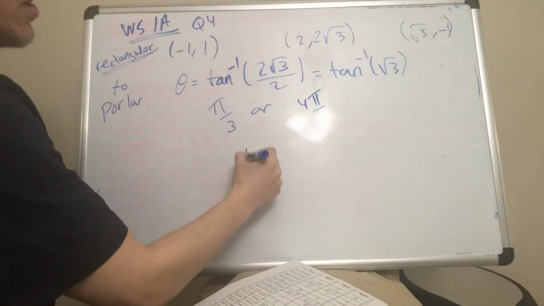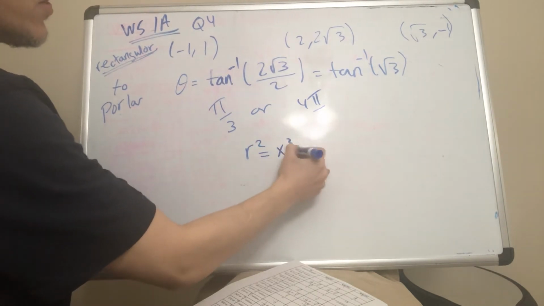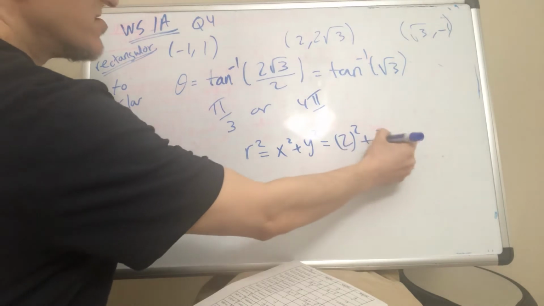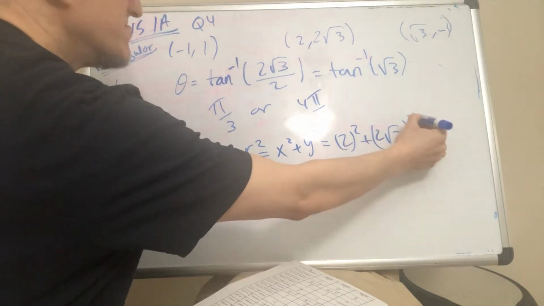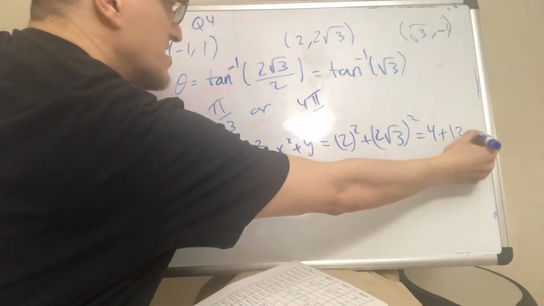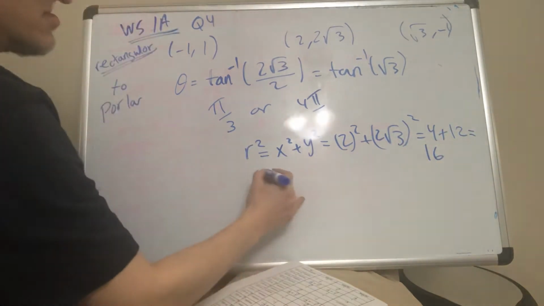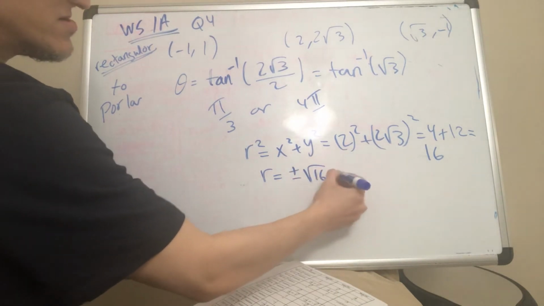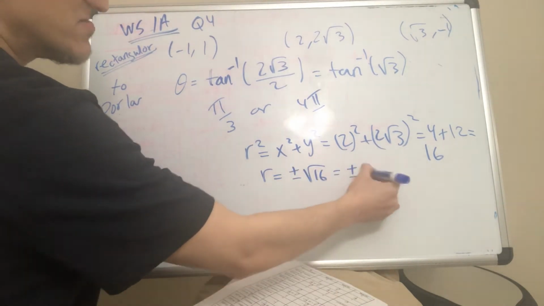If you do r squared, x squared plus y squared, that's 2 squared plus 2 root 3 squared, that's 4, 4 times 3 is 12, that's 16. So r is positive or negative root 16, positive or negative 4.